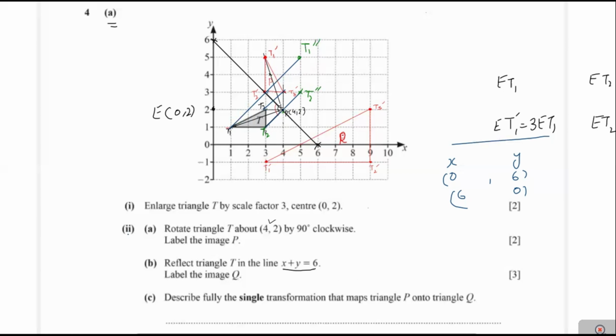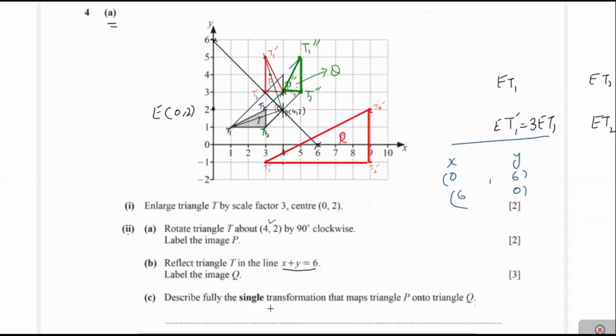Now you see here this line is x plus y equal to 6. Now the equidistance point, we name it T3 double dash. Now after getting these points, we join all these points and we get our triangle. This is the triangle, and we name it triangle Q.